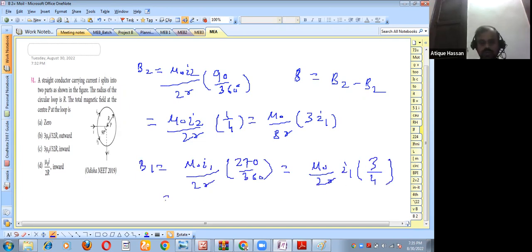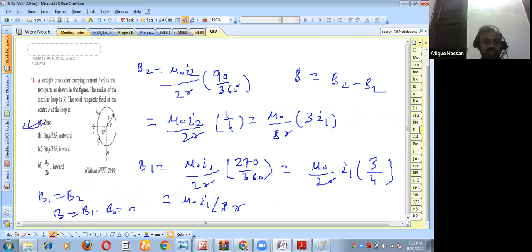So it will also be equal to mu naught I1 by 8R, right? So from here you can see that B1 equal to B2. So net magnetic field will be equal to B1 minus B2 equal to 0. Correct answer is A. Understood?